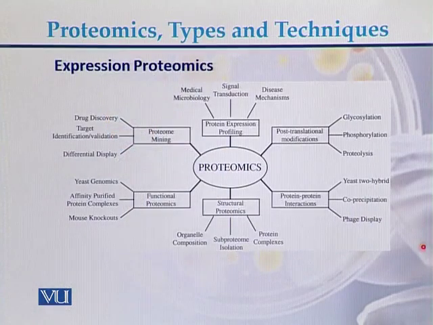If we see what proteomics is, what are the different types of proteomics? Proteomics can be in the form of protein expression profiling. If we study protein expression profiling, it is proteomics. Proteome mining is proteomics.